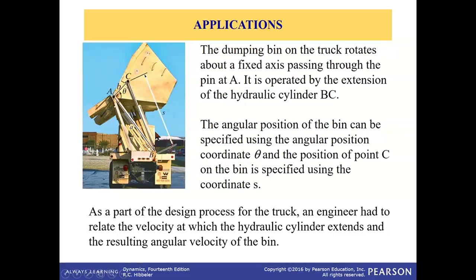And when we take the second derivative of the position function, you know that we get the acceleration of the cylinder that will be related with the angular acceleration of the bin. So as a part of the design process for the truck, an engineer had to relate the velocity at which the hydraulic cylinder extends and the resulting angular velocity of the bin.